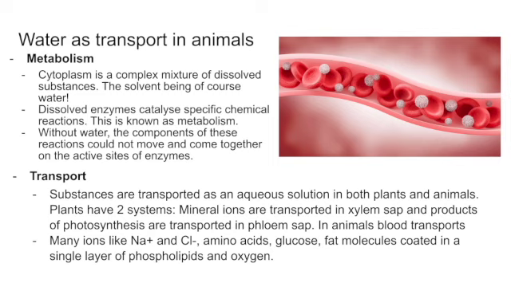Just know that in animals and plants, they both use water as transport systems. So yeah, as I said, in animals, we transport many ions like Na and Cl, which comes from salt, amino acids, glucose, fats, and etc.